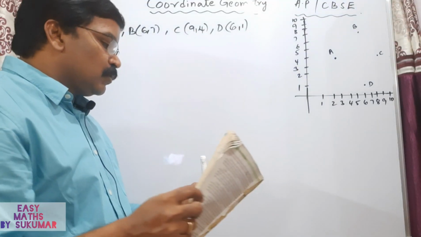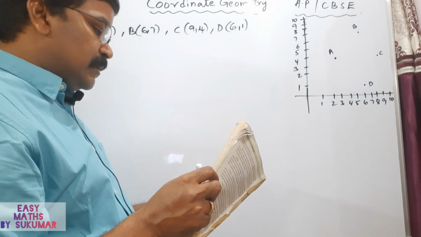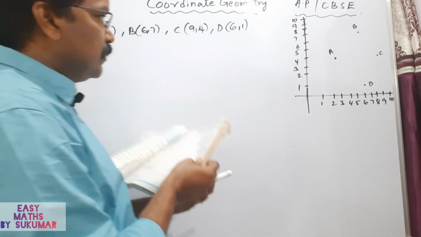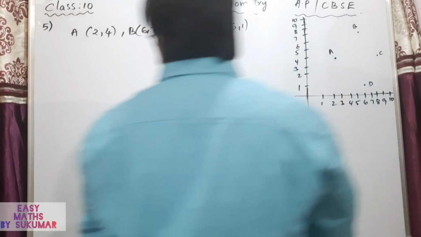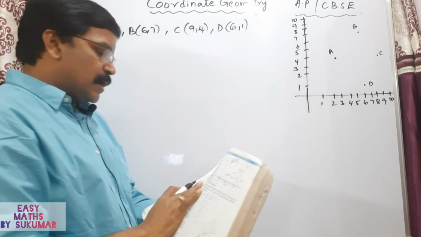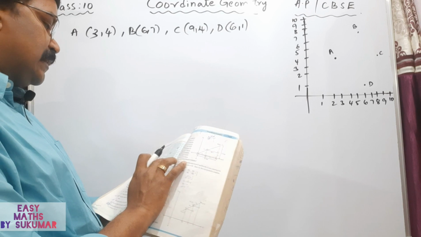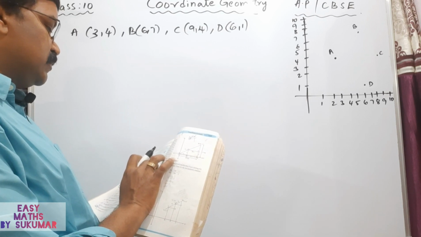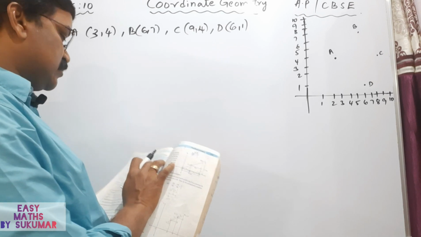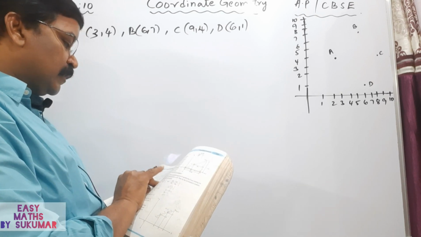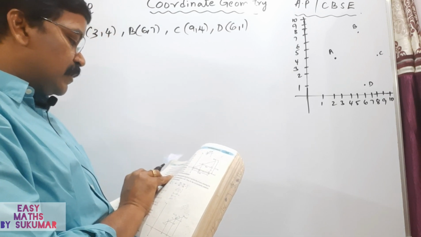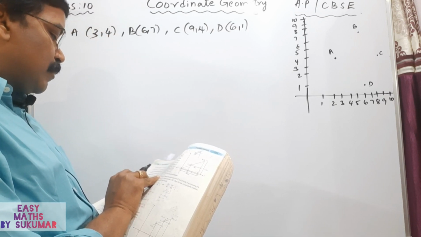Okay, look, here the capital A is at 3, 4, not at 2, 4. This is 3, 4. And capital B, the position of the girl B, is 6, 7, and capital C, the third girl, is sitting at 9, 4.